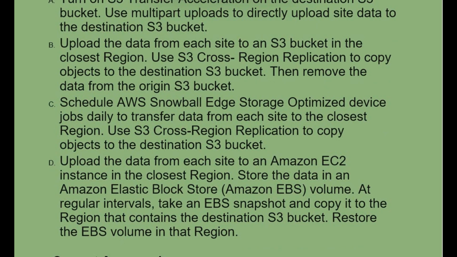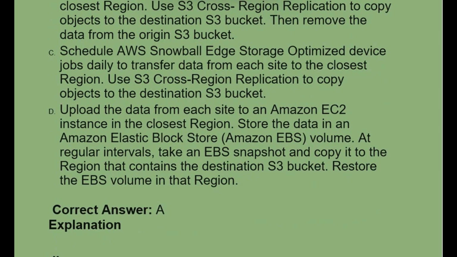Store the data in an Amazon Elastic Block Store (Amazon EBS) volume. At regular intervals, take an EBS snapshot and copy it to the region that contains the destination S3 bucket. Restore the EBS volume in that region. Correct answer is option A.